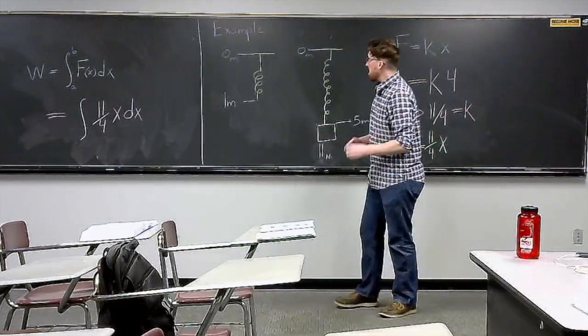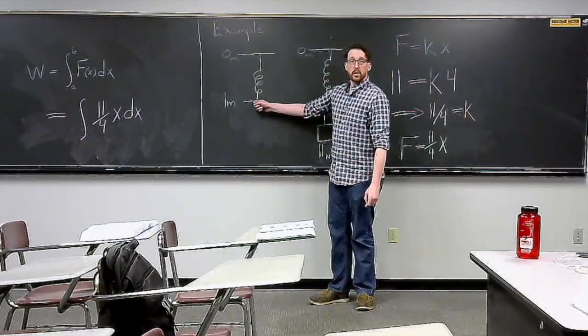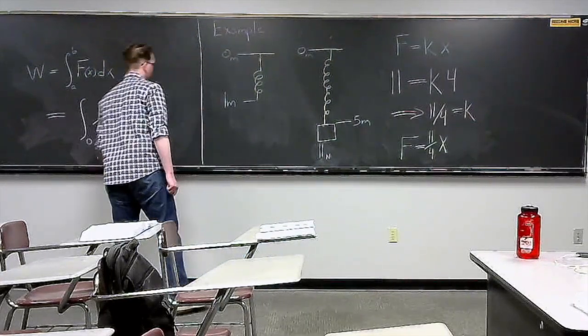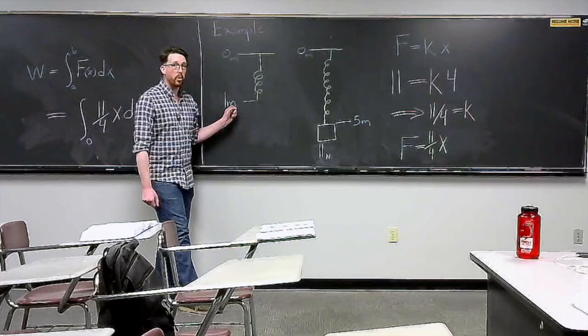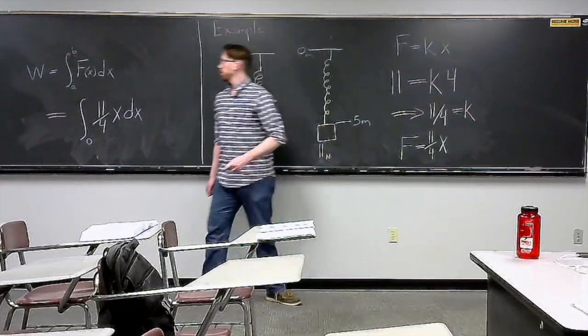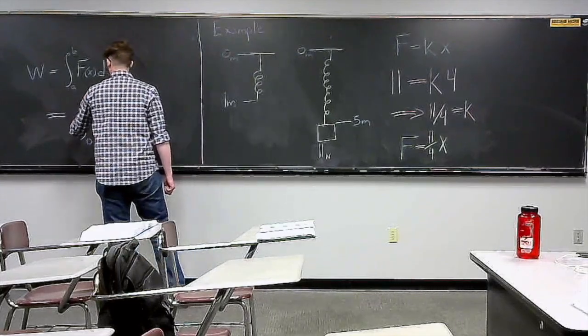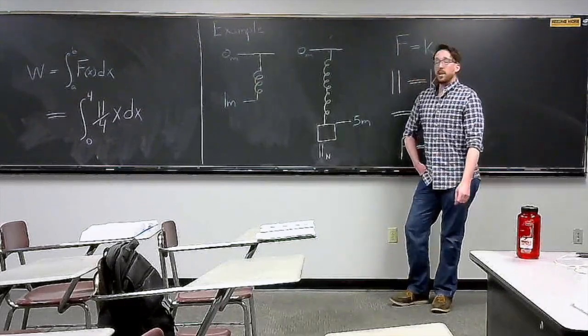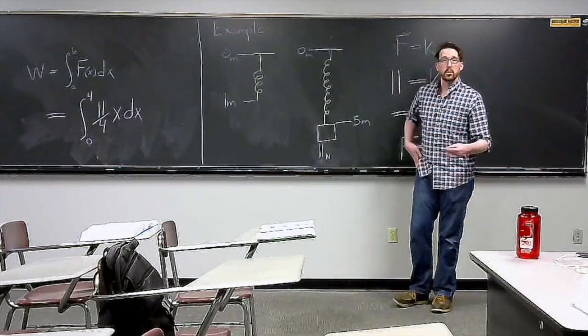So, we're thinking of the initial position as 0. If 1 meter below, though, is 0, then 5 meters below is 4. And this sets up our problem to solve.